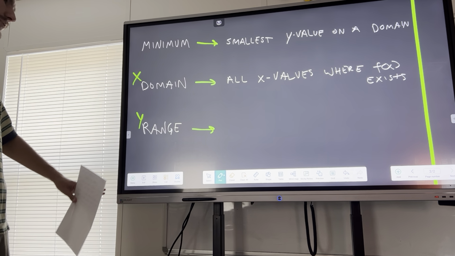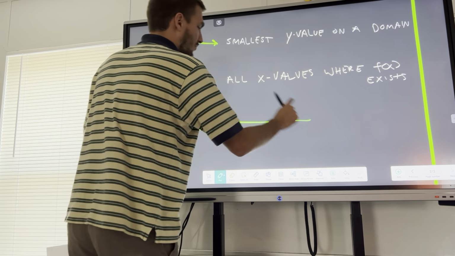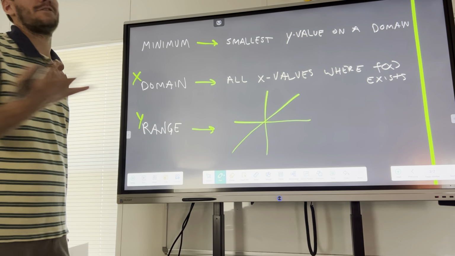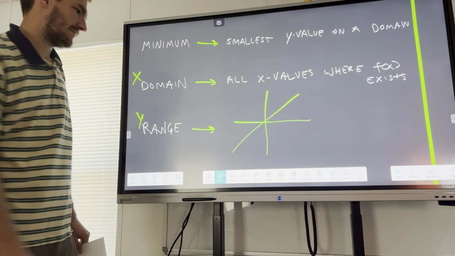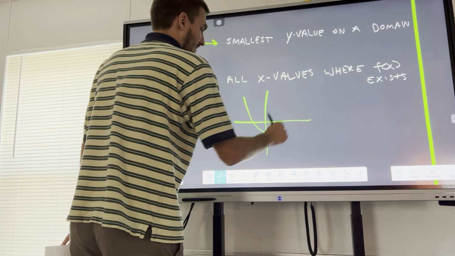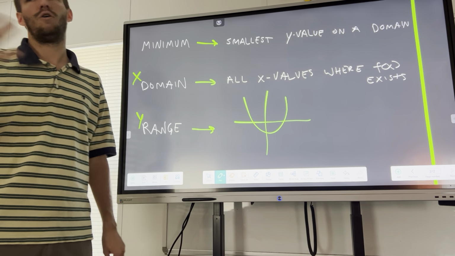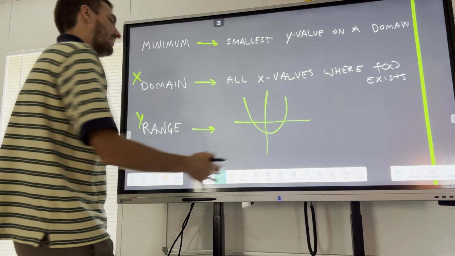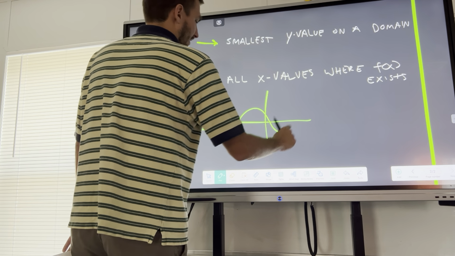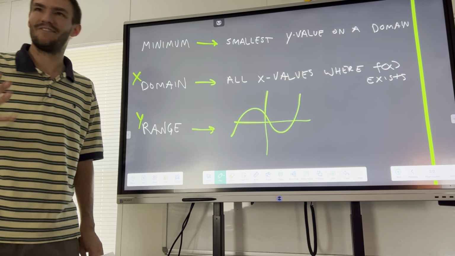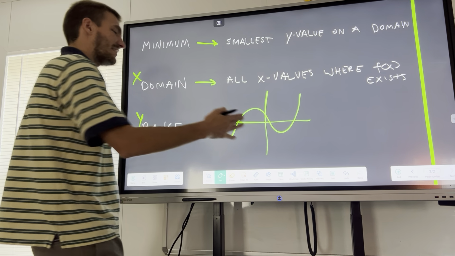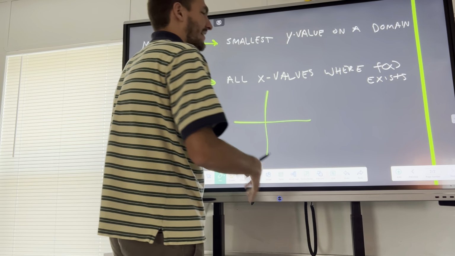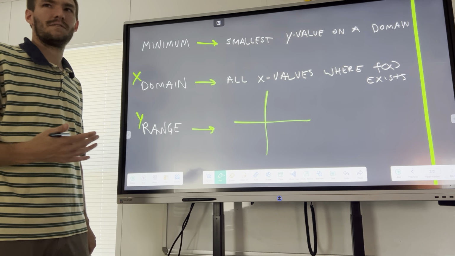In algebra, a lot of times it's like, okay, cool, the domain is all real numbers because the line goes everywhere. And then you get another graph that looks like this, and the domain is still all real numbers. Boring. And then you get another graph, and it looks like this, and the domain is still all real numbers. Do you guys know any types of graphs that do not have all real number domains?